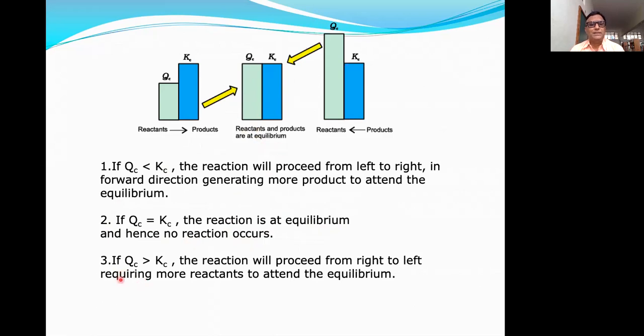And the third case is if Qc is greater than Kc, the reaction will proceed from right to left, requiring more reactants to attain the equilibrium. So this is the third figure, third condition, where Qc is greater than Kc.